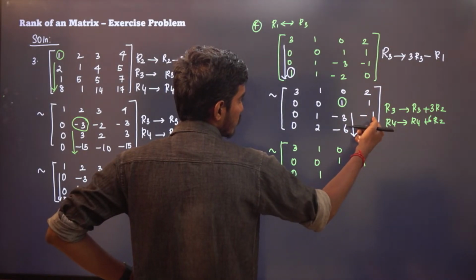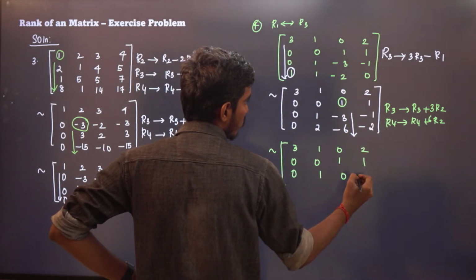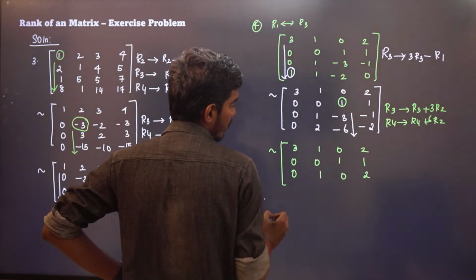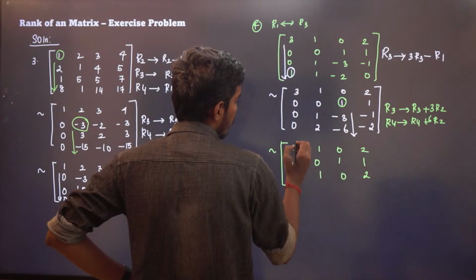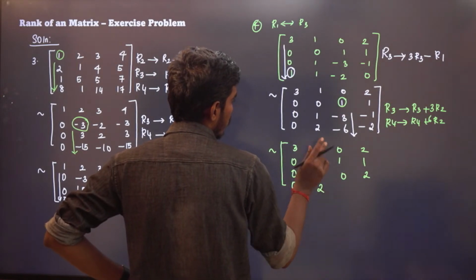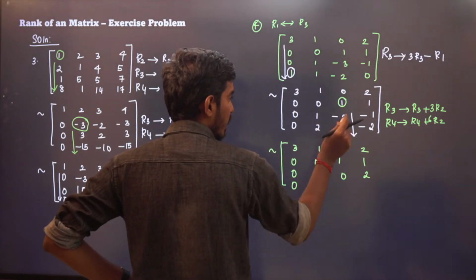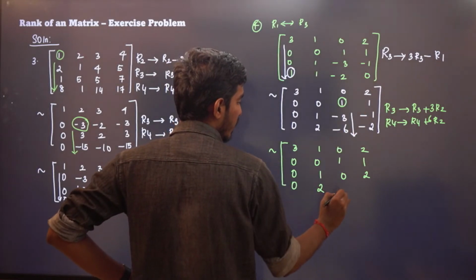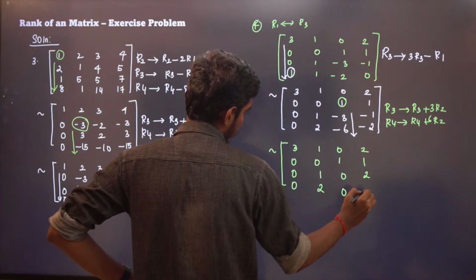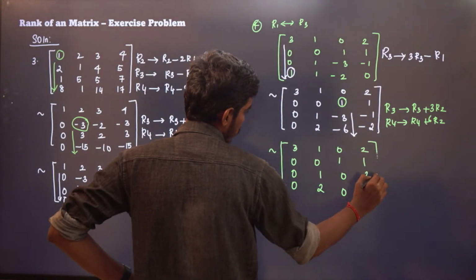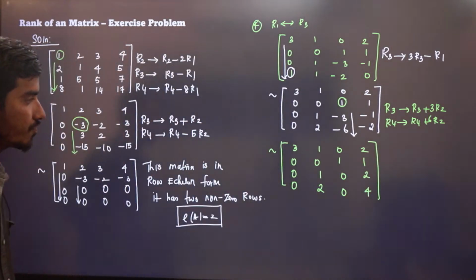So it is minus 1 plus 3, which is 2. Now you multiply 6 here and then add. So minus 2 plus 6 is 4, right?